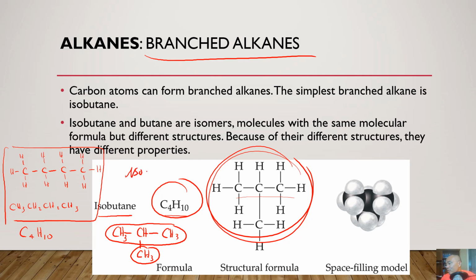Those 2 compounds listed over here are so-called constitutional isomers because they have different connectivity between atoms. So far, we have used different names for different alkanes, but how do we really name these alkanes? Let's talk about it.